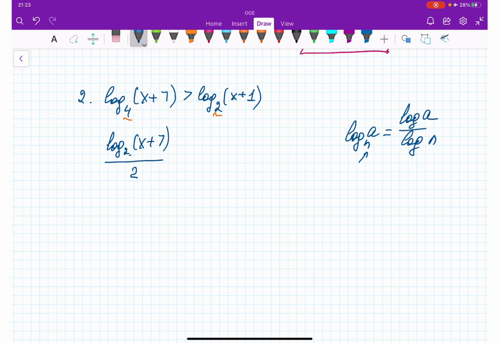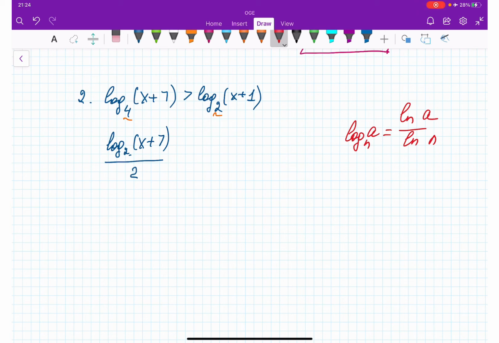If we don't write anything, it means 10. Or you can just take natural logarithm. That's also something you can do. There we go.